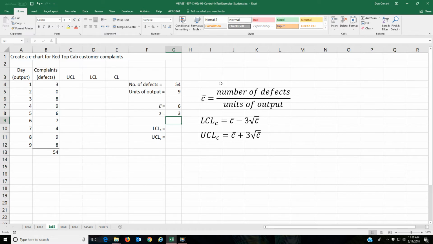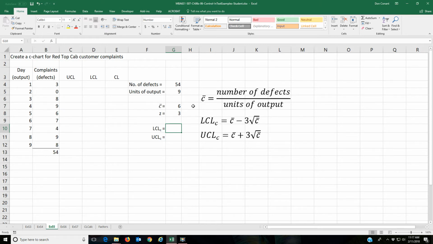I can walk through in class how to calculate Z if you're given a percentage for a two-tail test or a one-tail test. We'll talk through that later. For now, just enter a 3, or a 99.73 confidence interval.